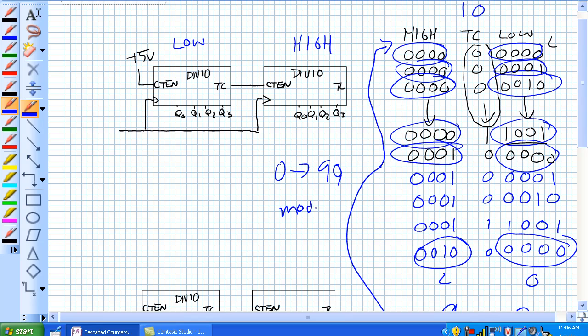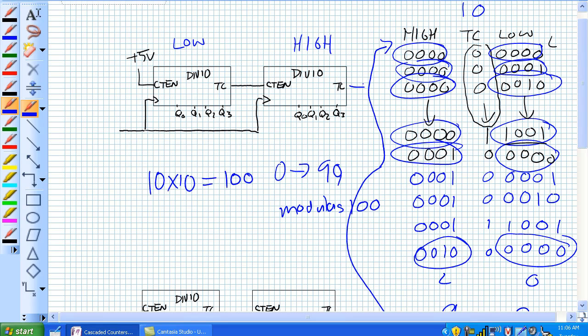Basically, it's a modulus 100 counter using two cascaded power-of-10 counters. So the overall modulus of cascaded counters is the product of their separate stages. In this particular case, we've got a 10 and a 10, so 10 times 10, we can count to 100.